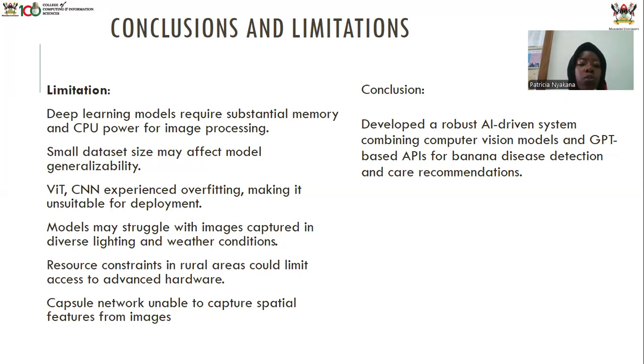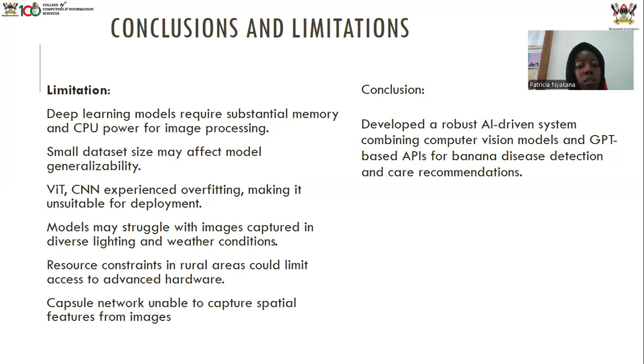Then we also have the limited dataset size, which could affect model generalization and also cause bias by the model, where it gives a prediction based on the class that has more images than the others.